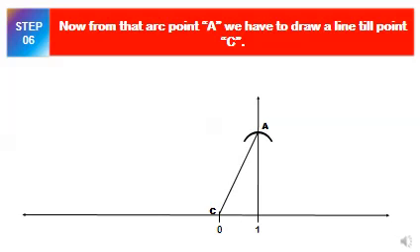Okay, and from the arc which we had drawn, we have to draw a line till point 0. We have to name the arc side as R, and the 0 point we will mark as O.